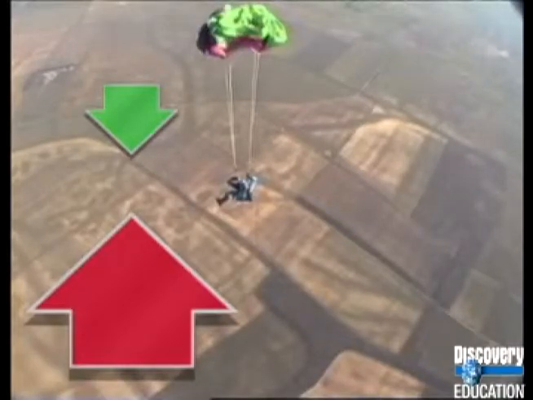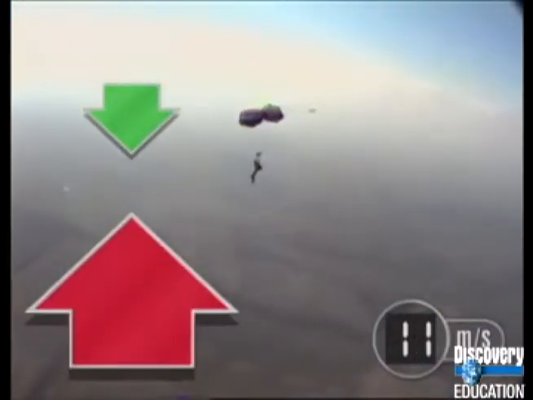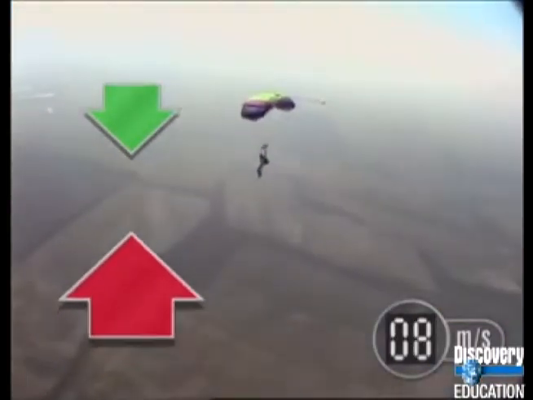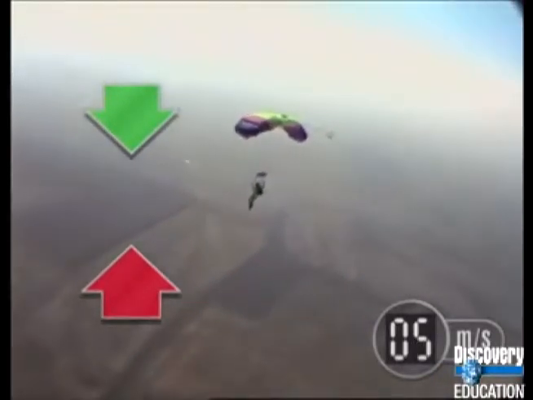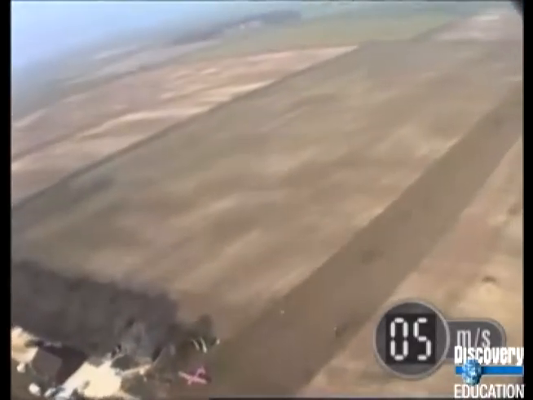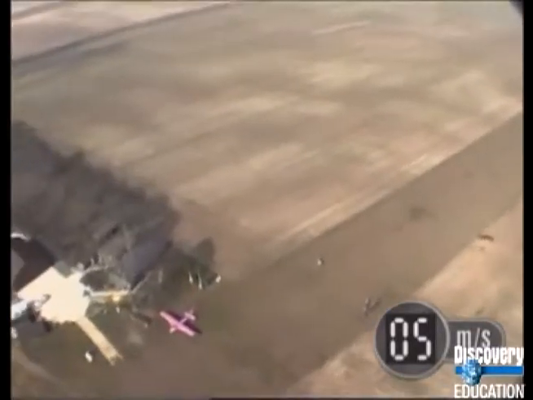The forces are no longer balanced, and this changes her speed. She slows down. Because she's slowing down, air resistance decreases until it balances gravity again, and she reaches a much slower constant speed. Approaching the ground at 5 meters per second is a much better idea.